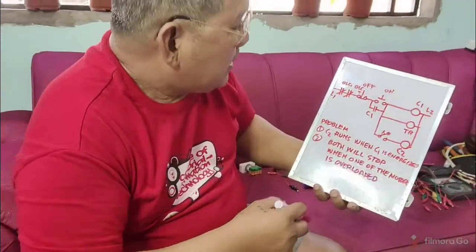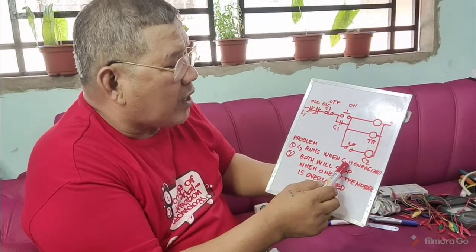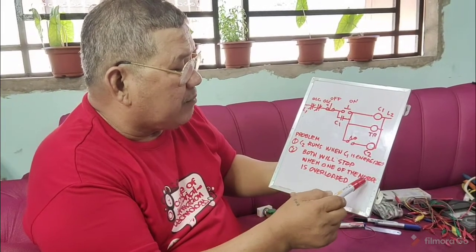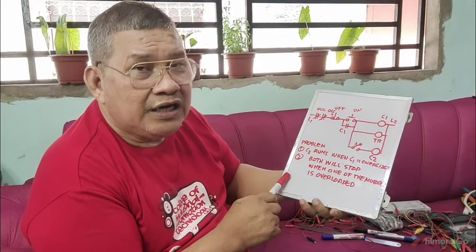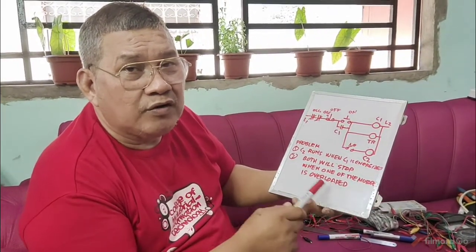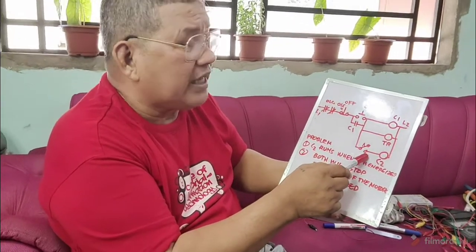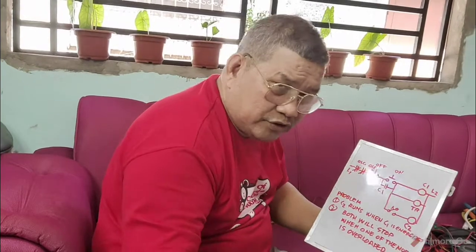The problem here is conveyor 2 runs when conveyor 1 is energized. Then both will stop when one of the motors is overloaded. And then of course number 3 here, you will know which motor is overloaded by having the indicating lamps. But I did not include here the indicating lamps, so you try to review the previous connections.